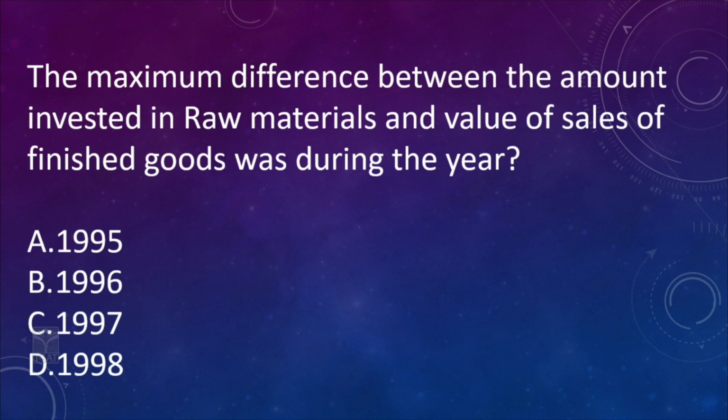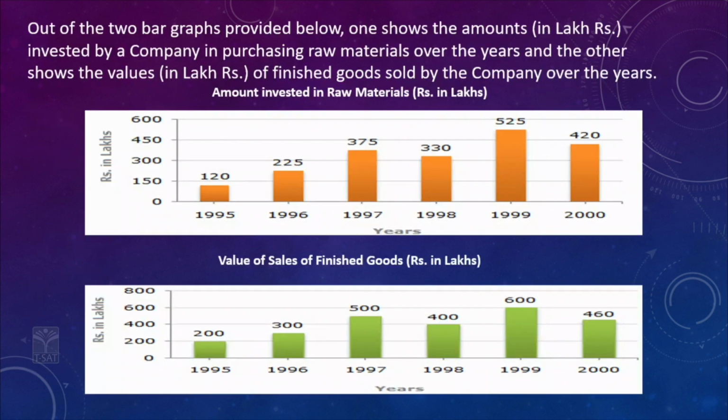So, which year do we have the maximum difference between the invested amount for getting raw material and sale of finished goods? It will be either 1995 or 1996 or 1997, 1998. So, you just have to compare these.